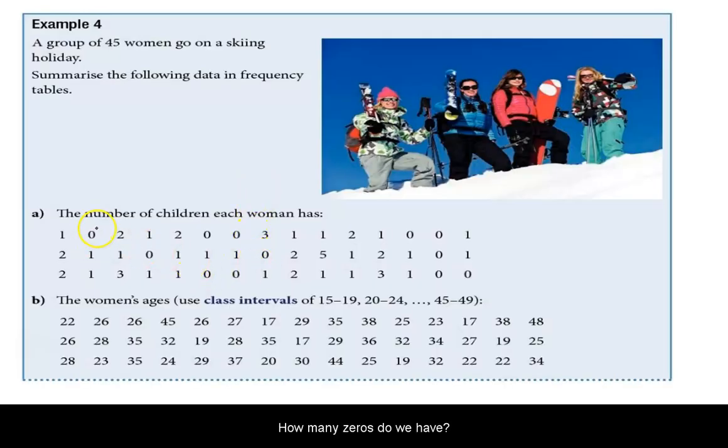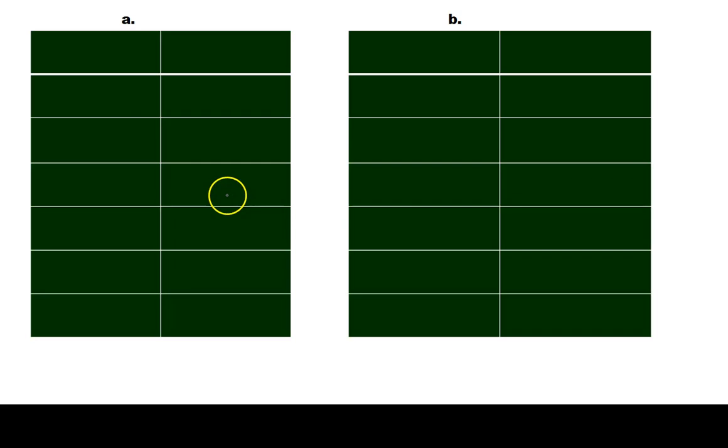How many zeros do we have? 1, 2, 3, 4, 5, 6, 7, 8, 9, 10, 11, 12. So we have 12 of that. Here we write the number of children, and here will be the frequency.